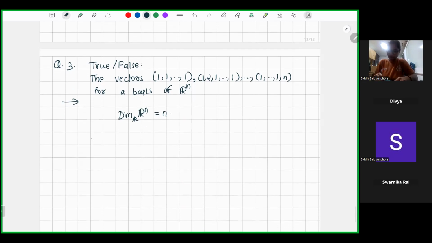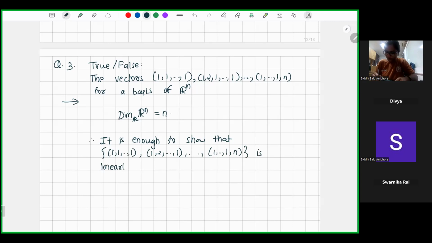So therefore, it is enough to show that this set is linearly independent.